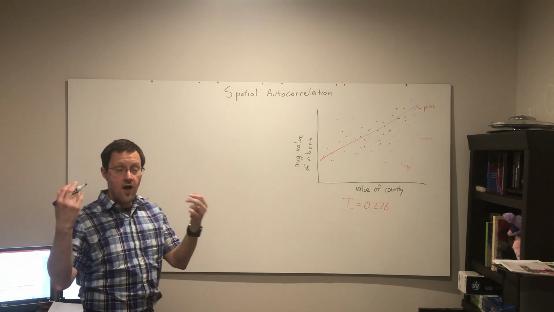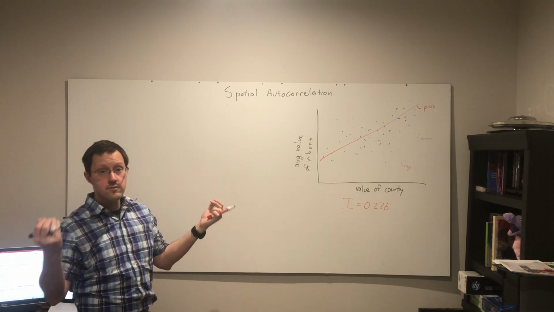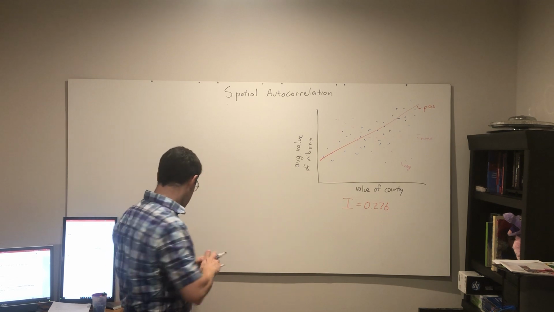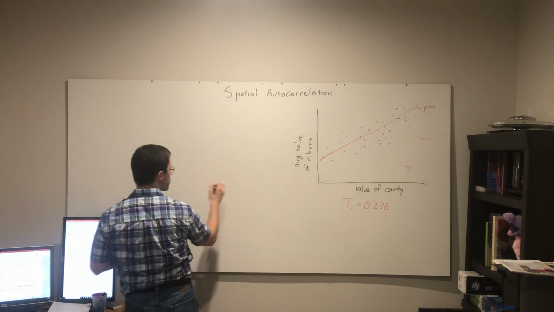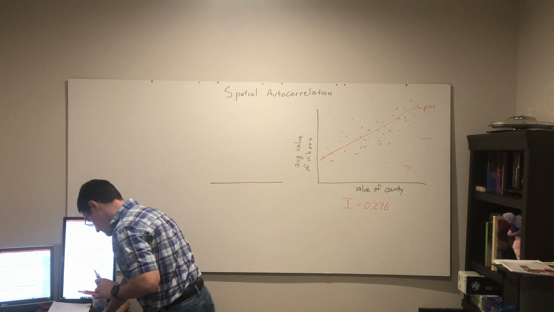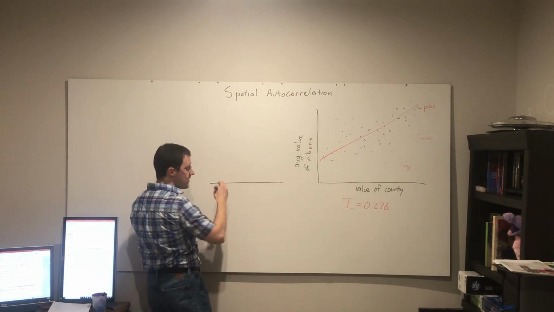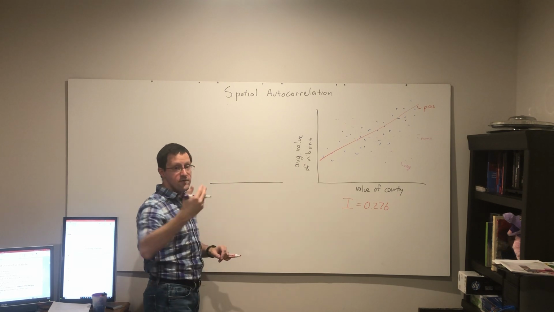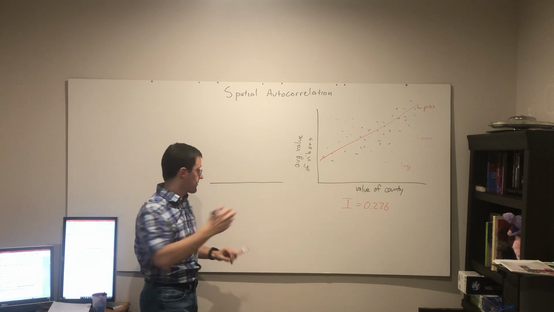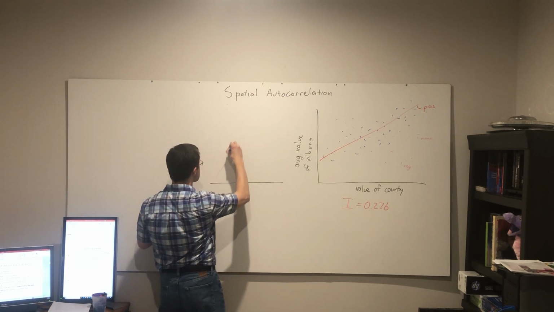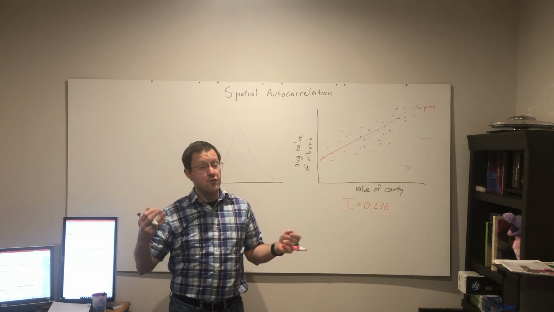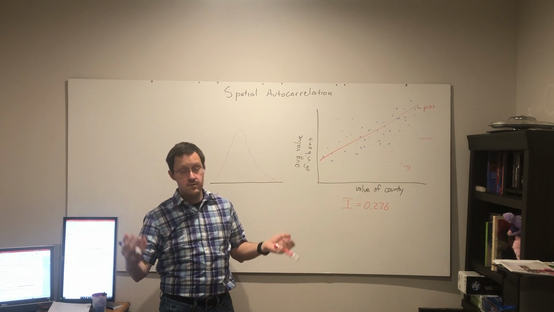As I said, we're using in GeoDa a Monte Carlo simulation for that. That Monte Carlo simulation is going to give us a histogram of all of the values from the 999 scramblings. As I said, it's going to look pretty close to normal, but probably not quite.